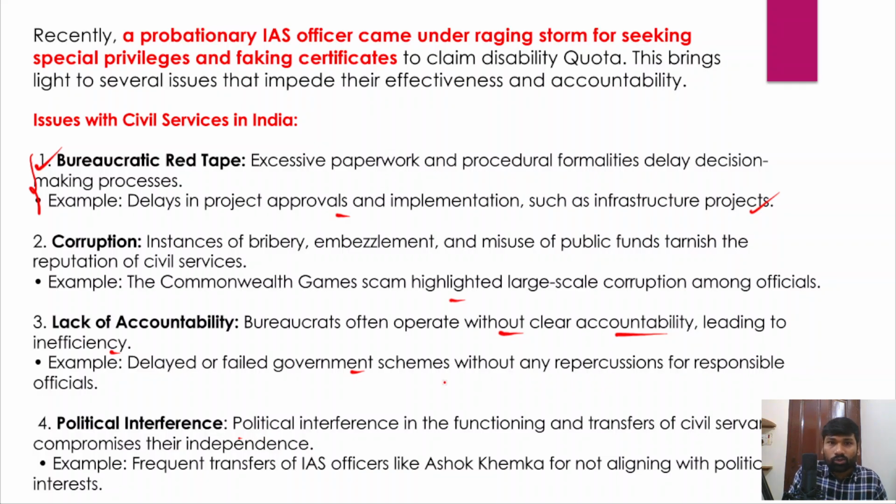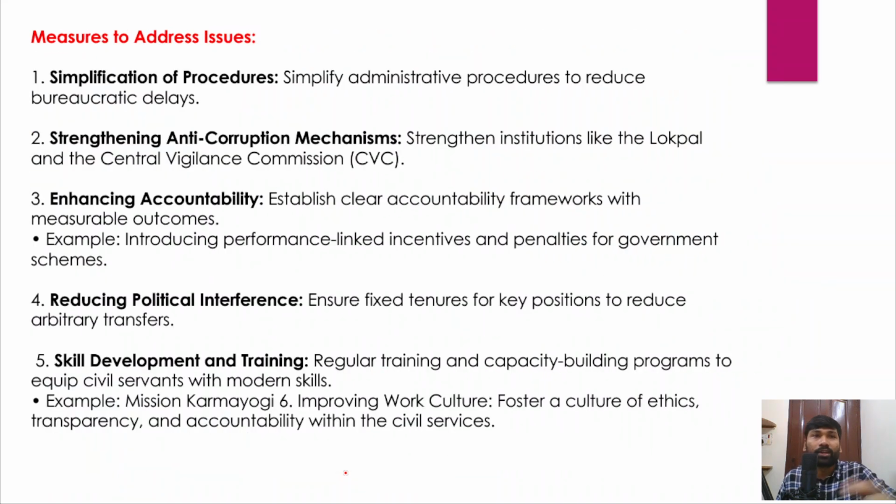Therefore there is often political interference in the functioning and transfer of civil servants, and that essentially compromises the independent and impartial functioning of the civil servants, affecting the overall efficiency and effectiveness of their functioning. That is also another major problem. You can also mention examples such as IAS officers like Ashok Khemka. They were transferred very frequently for not aligning with political interests.